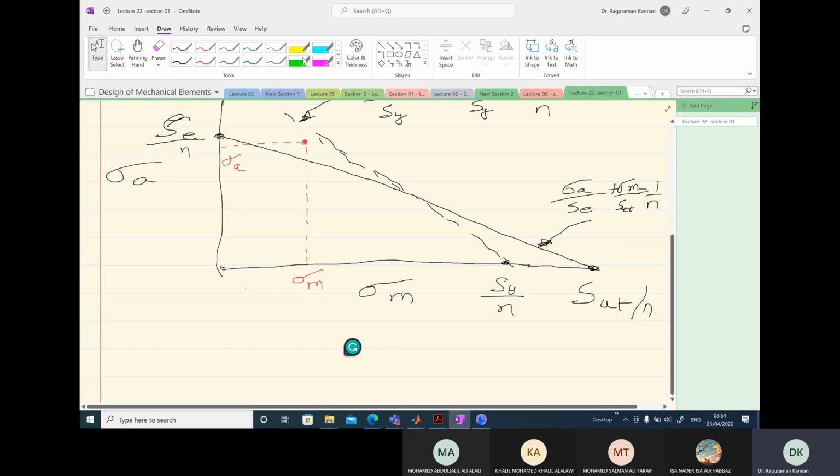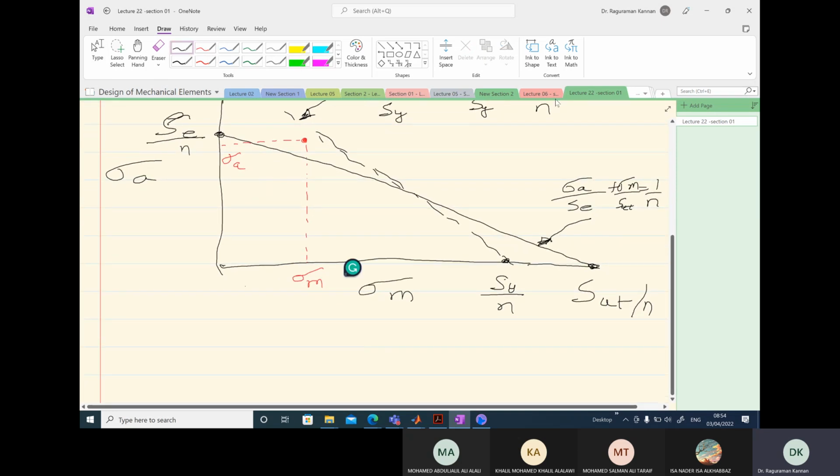Again, recall that from the SN diagram or the Wöhler diagram, we had the equation for number of cycles to failure. N is equal to sigma reversible over A, raised to the power 1 over B. We need to find the equivalent sigma reversible value for our case.